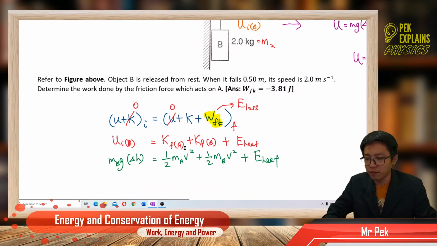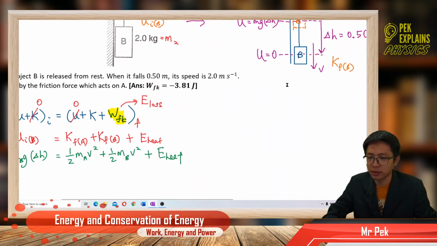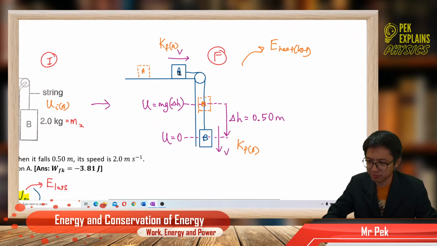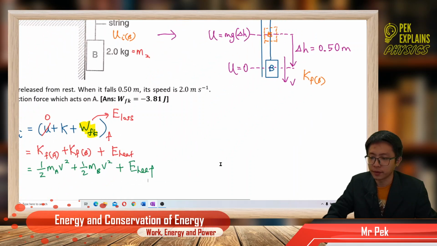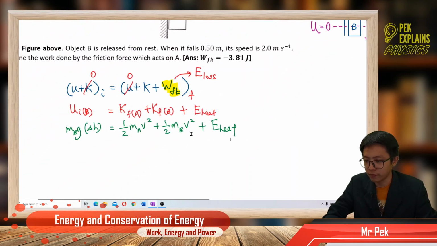Both blocks have the same velocity v because they fall together, tied to a string. Only the masses differ.